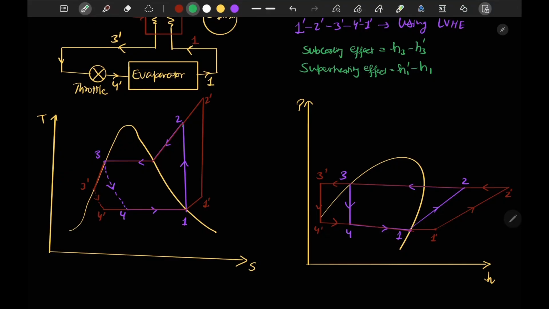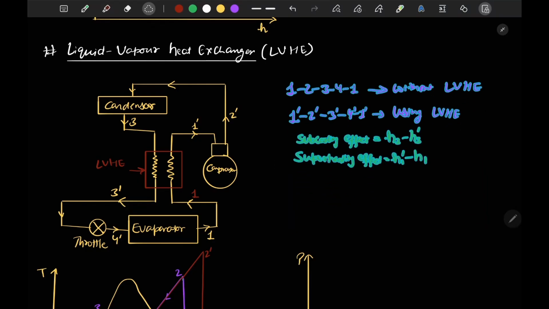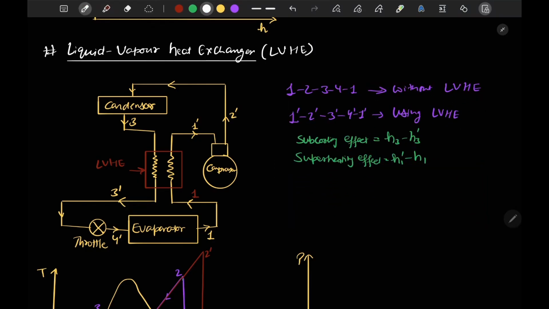Now, applying energy balance for the liquid vapor heat exchanger, and assuming that no heat is lost, the process is adiabatic, so we can say that the subcooling effect is equal to the superheating effect.